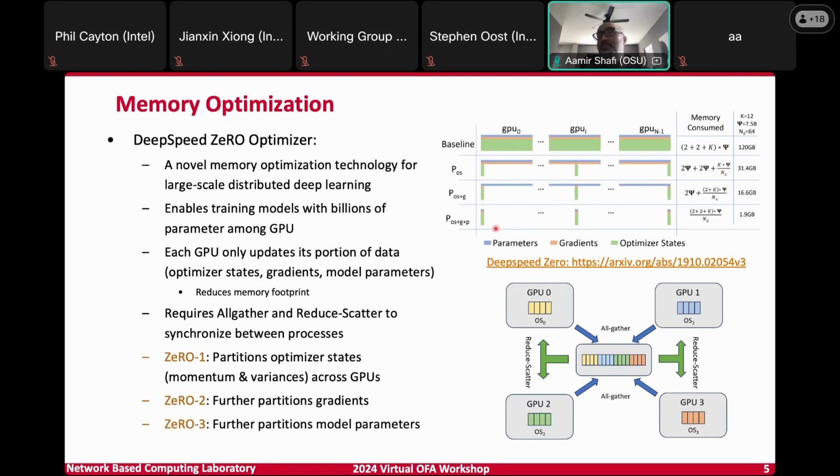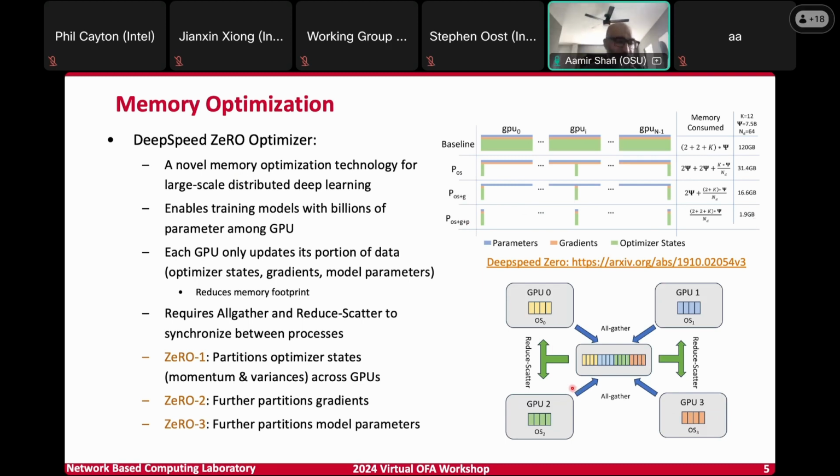So what is the impact of doing this? For example, with these predefined hyperparameters, if the baseline is, let's say, consuming 120 gigabytes, the 0.1 approach would require around 30 gigabytes on each device. And if we use the most aggressive 0.3, which is also the most communication intensive, then the memory utilization comes down to 1.9 gigabytes, right?